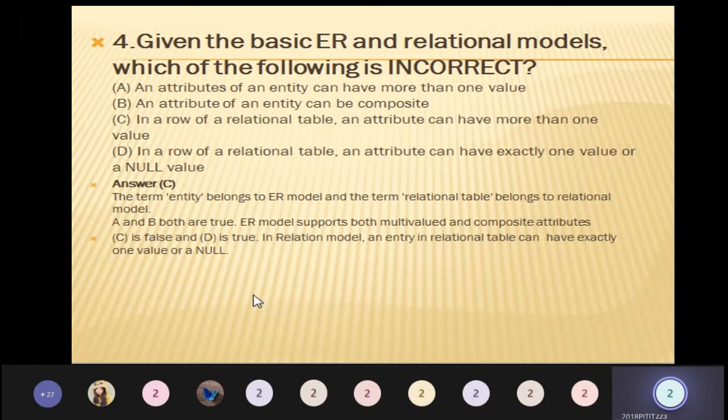And C is false because in a relational model, an attribute in a relational table can have exactly one value or null. So A, B and D are true and C is false.